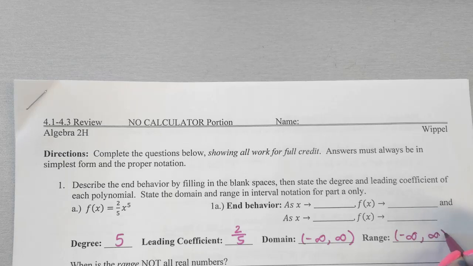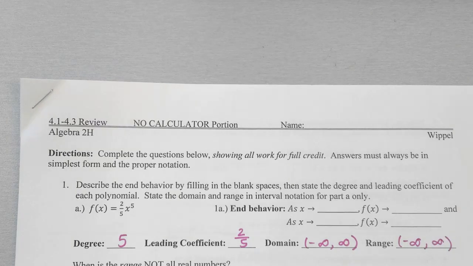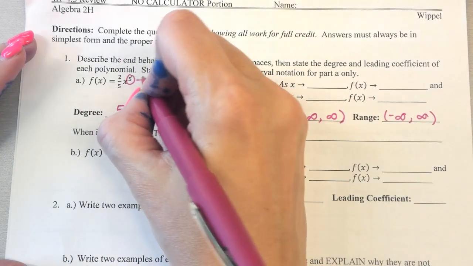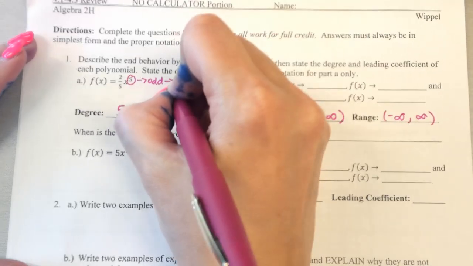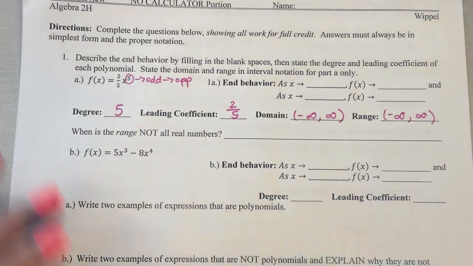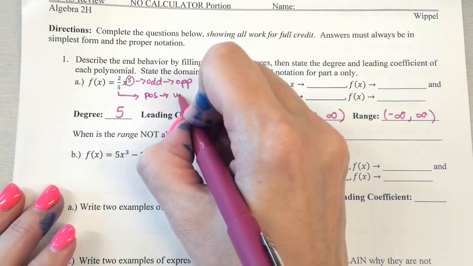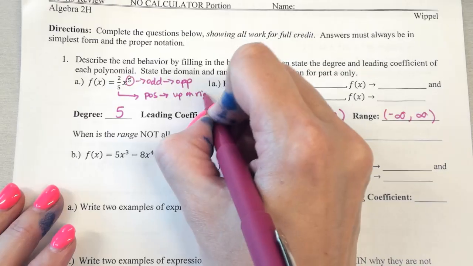That's what it's based on, because it's going to be going opposite directions. It's going to span the entire grid. Okay, so if you have an odd degree, they go opposite directions. And if you have a positive leading coefficient, that means that it goes up on the right.